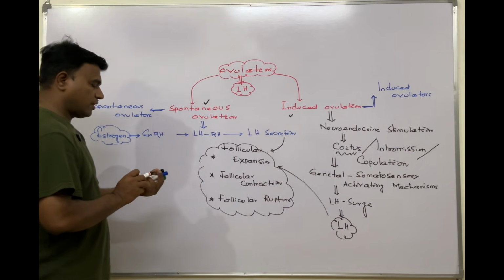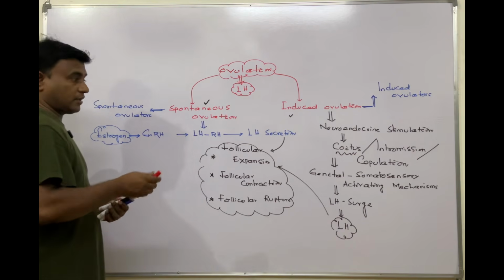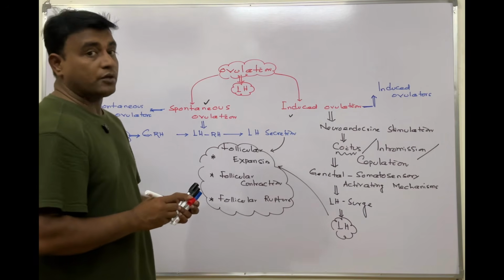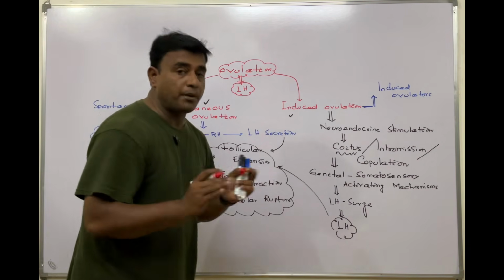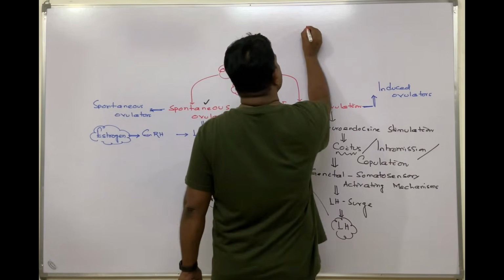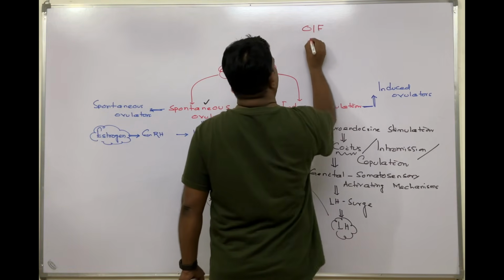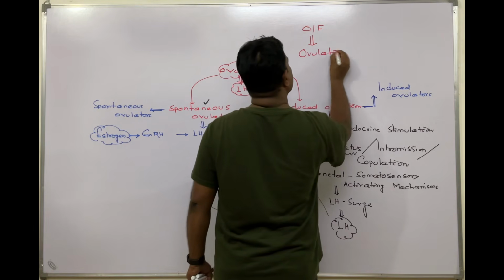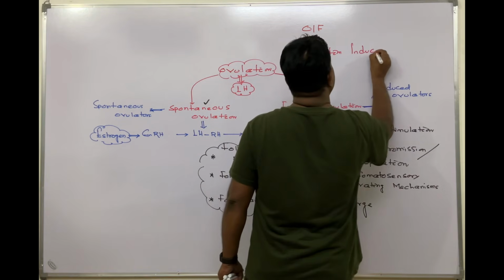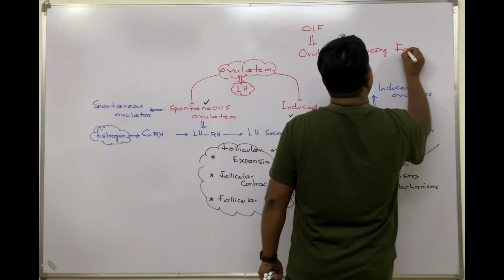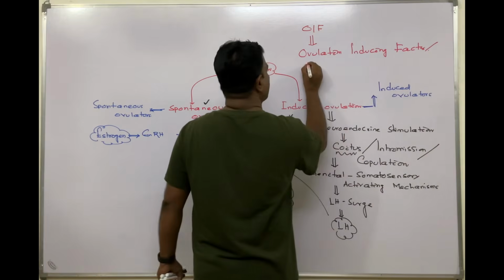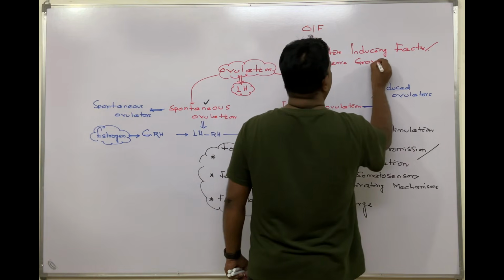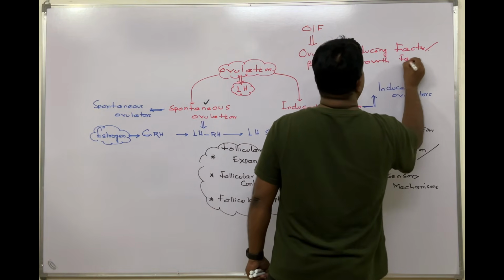But along with this, now see my red pen, this gives a new idea, a new concept which began in 2014 by a group of independent scientists. The name is OIF. It's a glycoprotein, that is ovulation inducing factor. In the modern day, it is known as beta nerve growth factor.